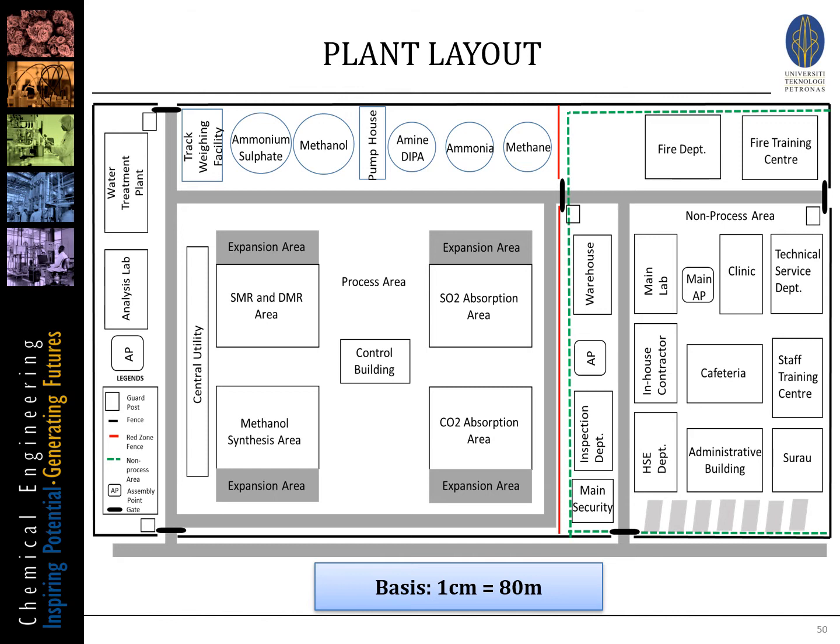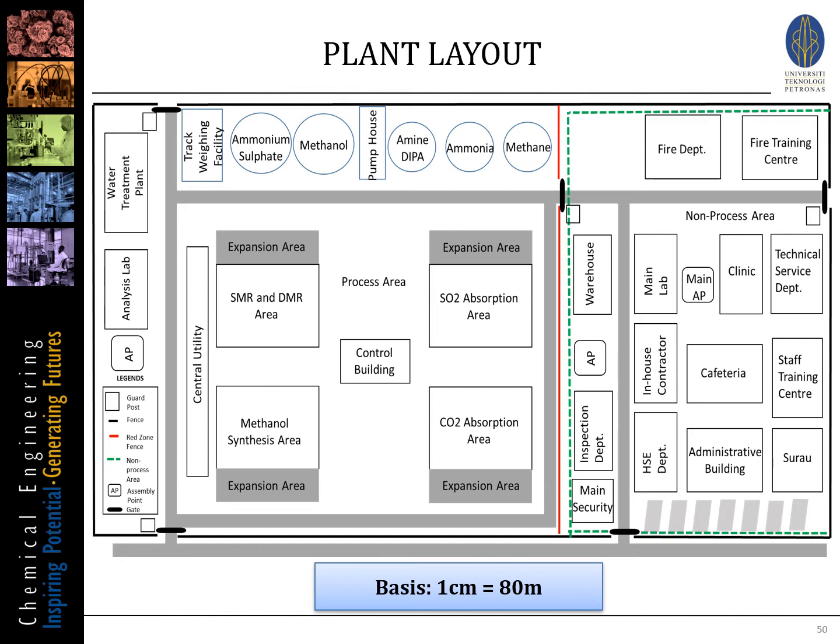It is the heart of the plant and is the most hazardous area since it deals with a lot of chemical and reaction. For example, the buildings and unit at the process area are analysis laboratory, methanol synthesis area, water treatment plant, and many more.